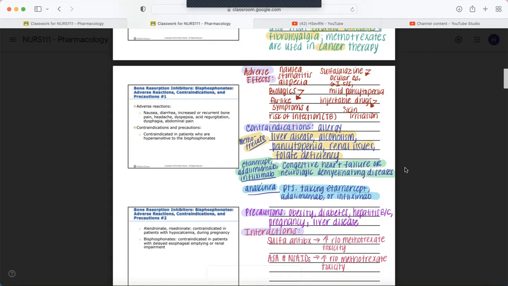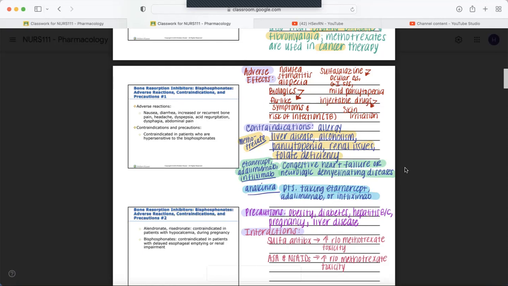And then specifically with the individual drugs, and I have these kind of color coordinated, people with liver disease, who abuse alcohol, who have low blood cell counts, who have kidney issues or have a folate deficiency shouldn't take methotrexate. Clients who have congestive heart failure or a neurologic demyelinating disease like multiple sclerosis should not take etanercept, adalimumab, or infliximab.